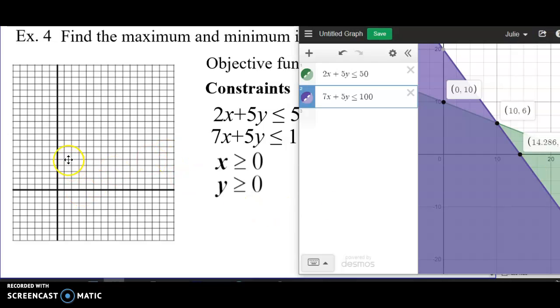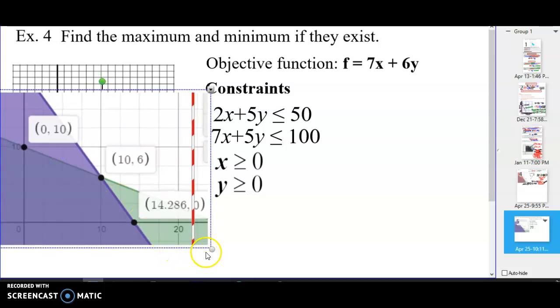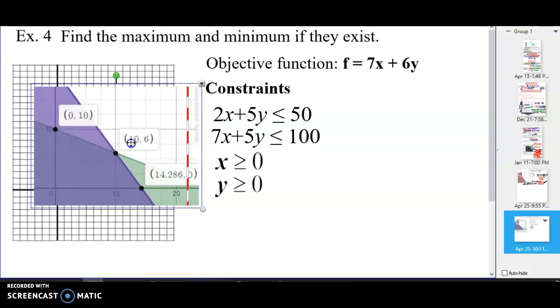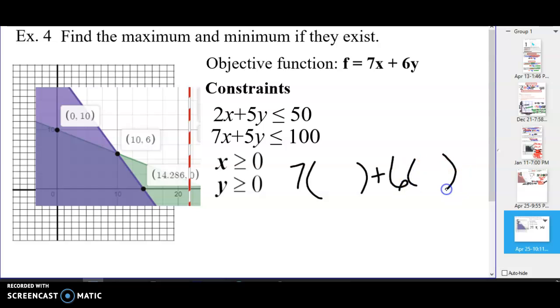You probably can't see it all. Okay, here we go. So now here's my objective function, 7 times x plus 6 times the y. And I'll do that for all 3 points.